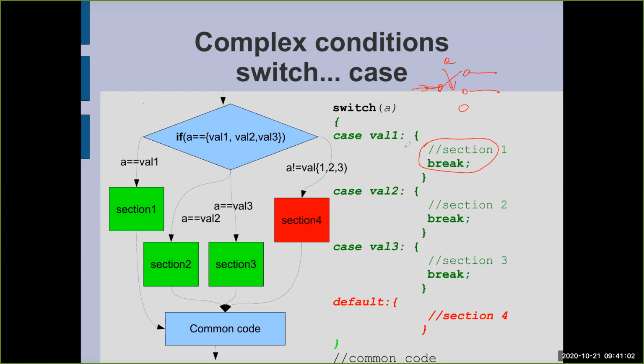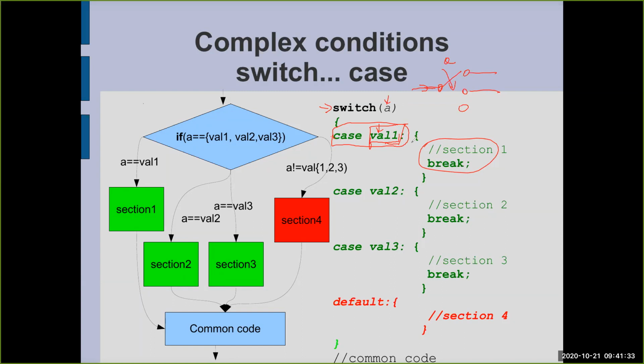So what is the characteristic for switch? I have the keyword switch, and here I have a switching variable, and here I have case, so I have a case value and colon operator. So every case has to have a specified value of a.